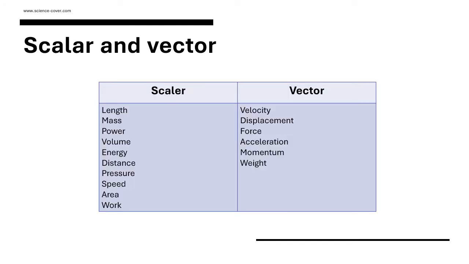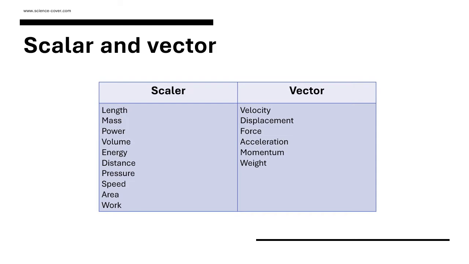This table shows common scalar and vector quantities. The scalar quantities include length, mass, power, volume, the amount of energy, the distance, pressure, speed, area, or work.